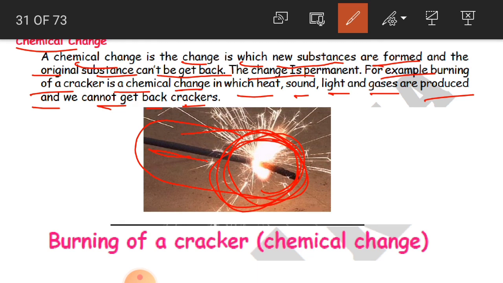When you burn this cracker, what did you get? You got heat, sound, light and gases. When you burn the paper, you got ash. So this is what you are getting, new materials, new substances from the original ones, and the original one is not going to come back for us. Clear, children? This is the chemical change.